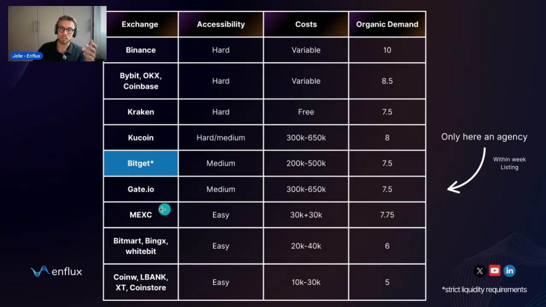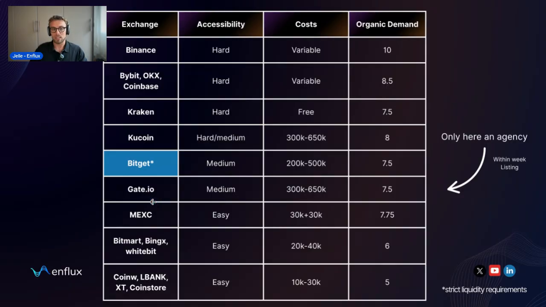It's super easy to get listed until here because there are basically no requirements except for some legal things. I also think if you're looking to work with a listing agency, there's no huge benefit compared to just reaching out to a listing manager when it comes to listing on anything up till MEXC.